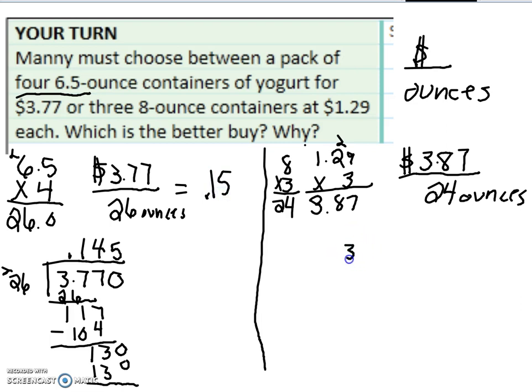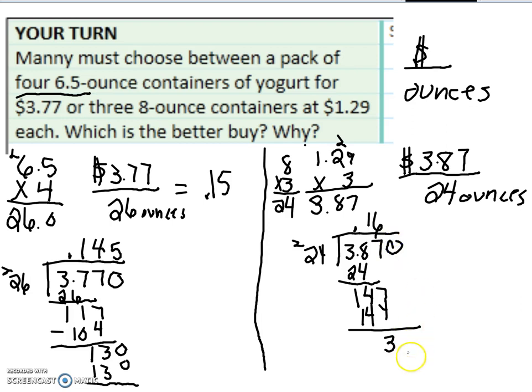Okay, now we're going to do 387 divided by 24. 24 can't go into 3, but it can go into 38 one time. We subtract. 24 can go into 147 6 times. 6 times 4 is 24. 6 times 2 is 12, plus 2 is 14.